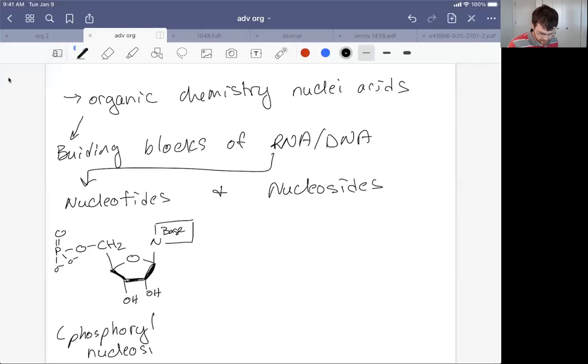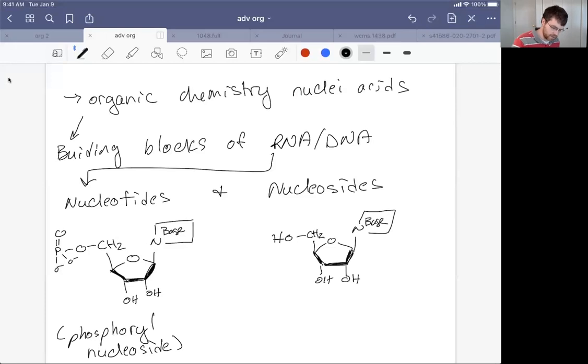nucleoside. Okay, so a nucleoside is the exact same structure, except we have a CH2 to an OH on the left side of the sugar. And then we have our same base. And then we're going to go OH and OH. So it turns out that both of these are for RNA.